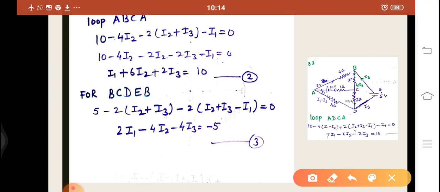Then we have loop ABCA: minus 4 I2 minus 2 (I2 plus I3 minus I1) plus 10, and then multiplied. Then we have BCDEB.